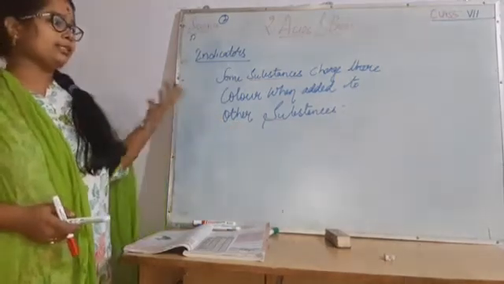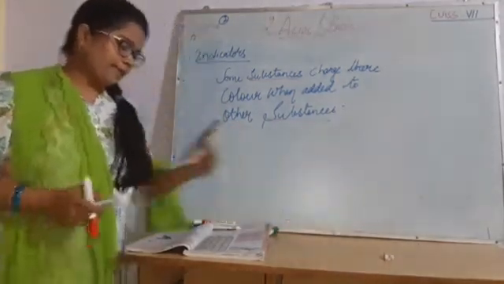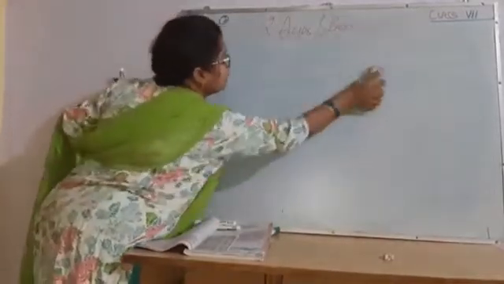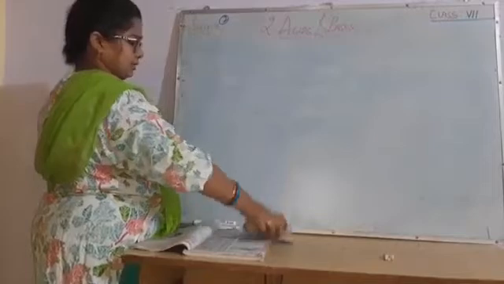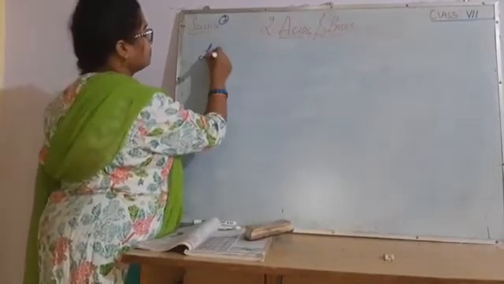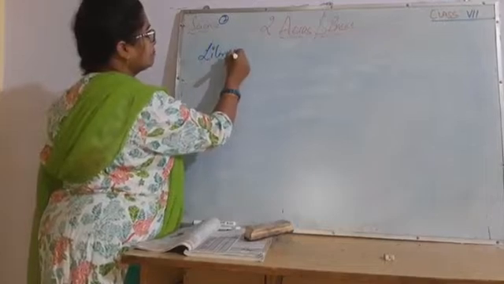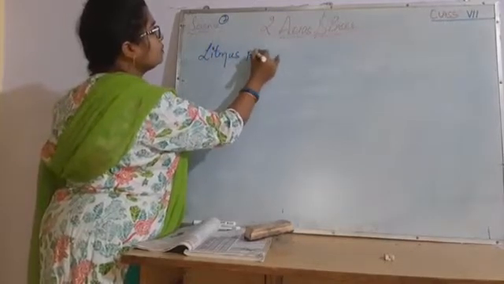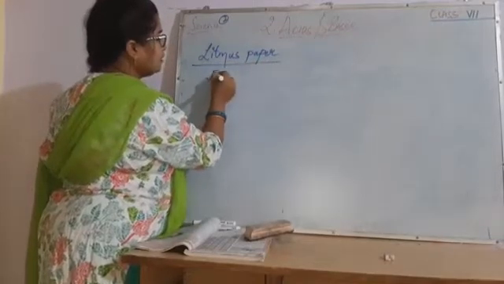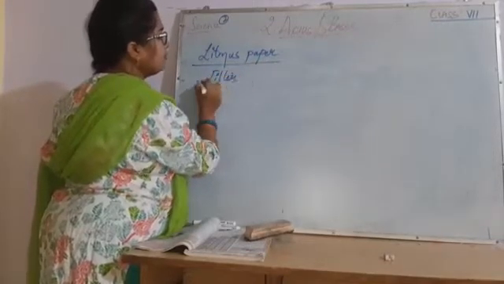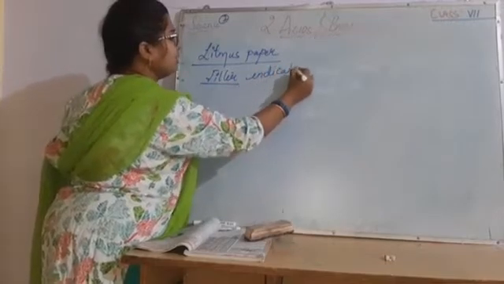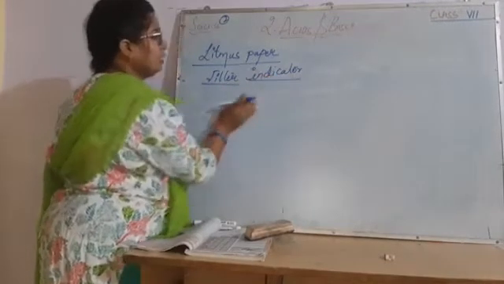Yes. Next, see another topic. Before going to table 3, let me explain one thing. Litmus paper. There are two types of litmus papers. With filter papers and the lichen plant, we will make indicators, like our turmeric and hibiscus.